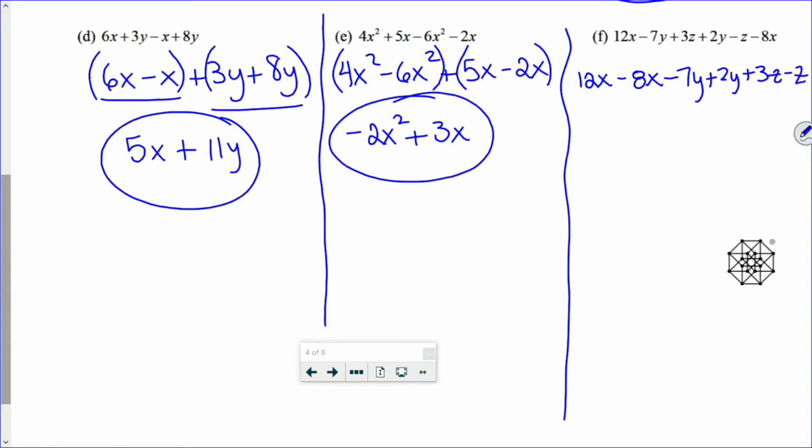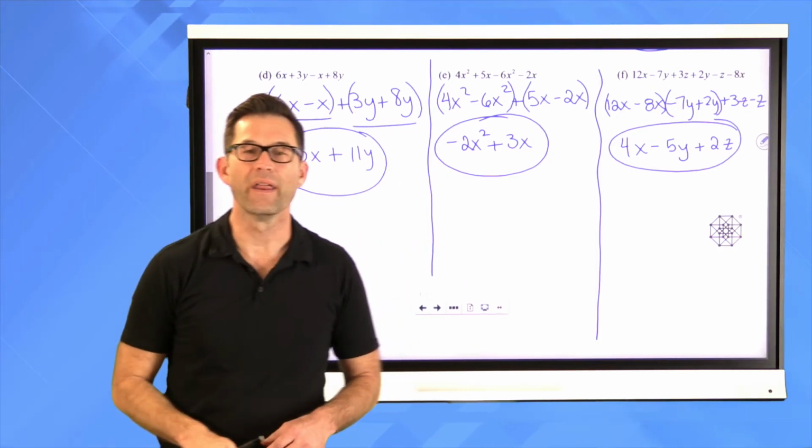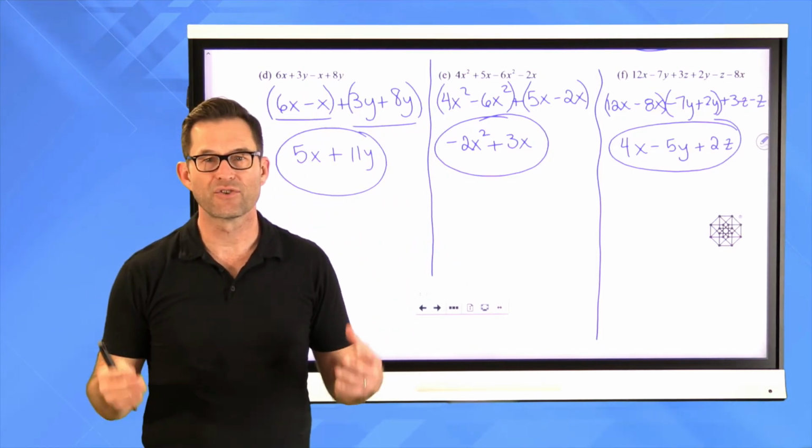I cross my z's so they don't look like 2's. 12x minus 8x is 4x. Negative 7y plus 2y is minus 5y. And 3z minus z is a positive 2z. I think that's it.